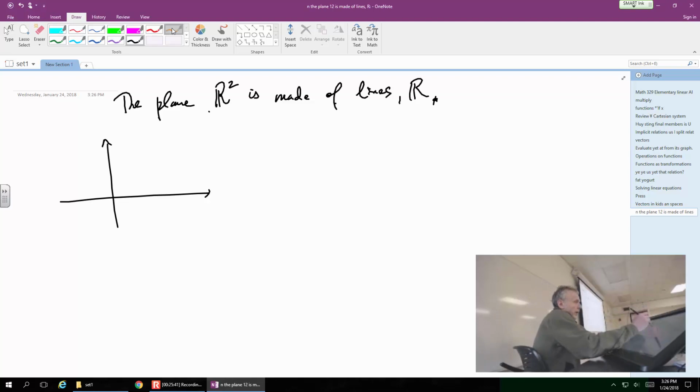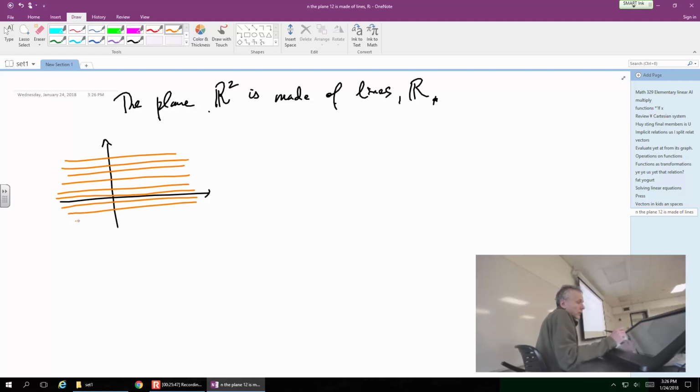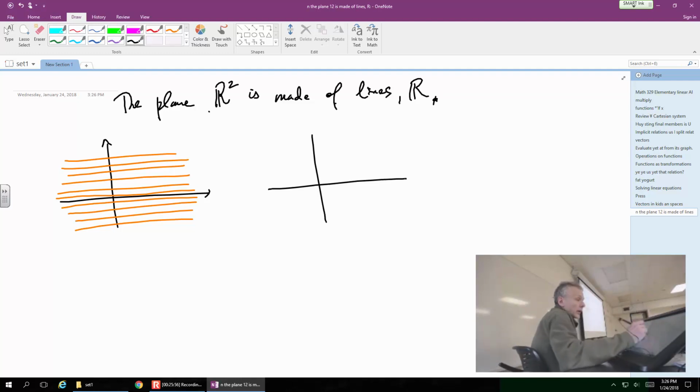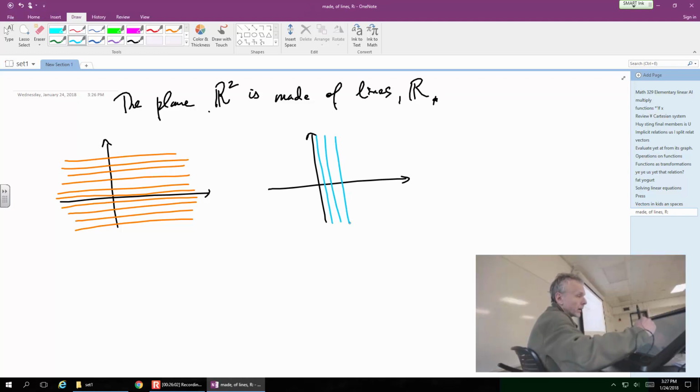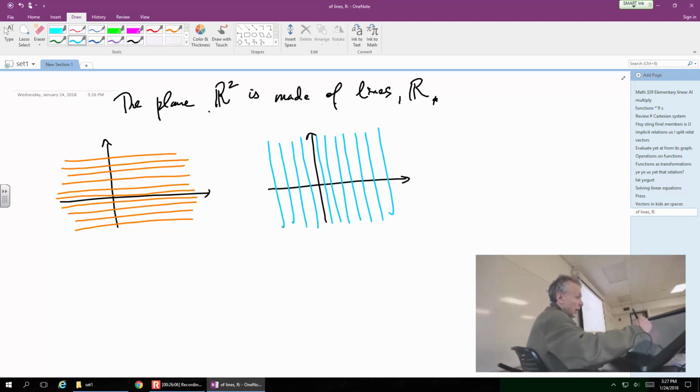So I take the horizontal axis and I have a bunch of them like this, right? There are others. Certainly you remember that from pre-calculus, but this is the most obvious way to decompose the plane into lines.